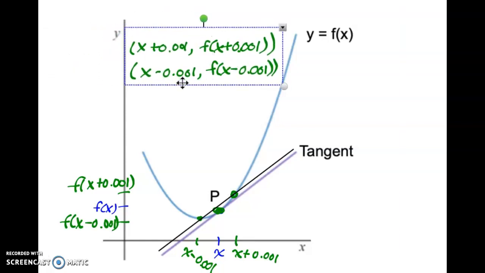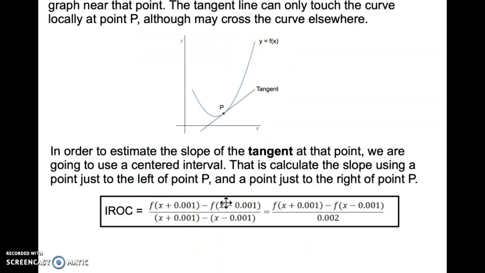And using these 2 points, I can actually calculate the slope. So here is the IROC formula. We've just put it into that delta y over delta x slope formula. On the bottom, because we have x plus something minus x minus that 0.001, the x's cancel, and it simplifies to 0.002 on the bottom.